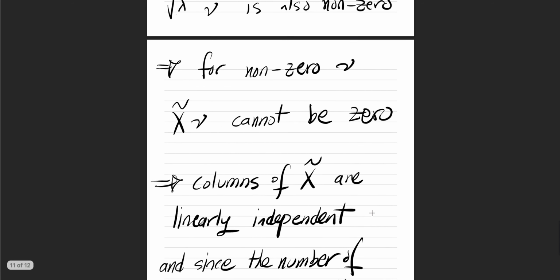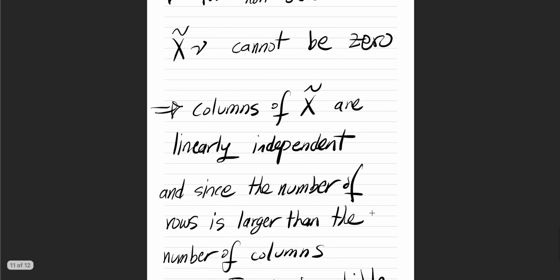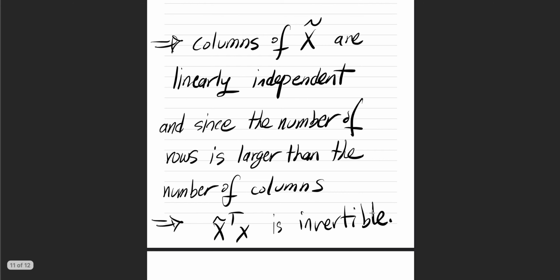Therefore, the columns of X tilde are linearly independent, and since the number of rows is larger than the number of columns, X tilde transpose X tilde (again, there should be a tilde, that's another mistake, let me fix that) is also invertible.